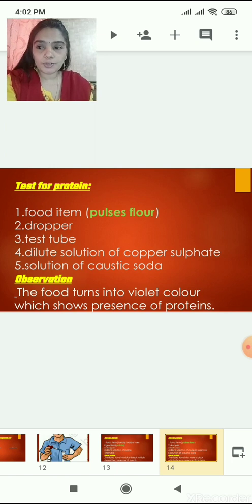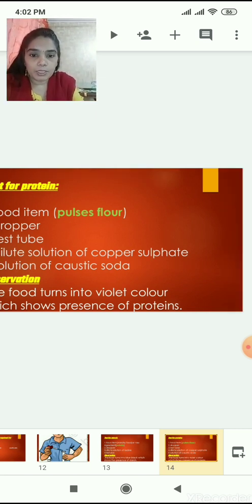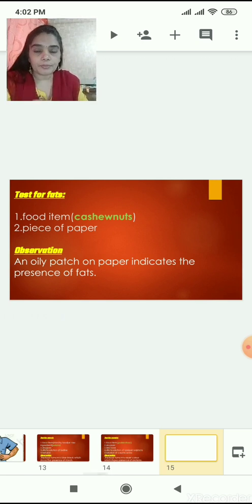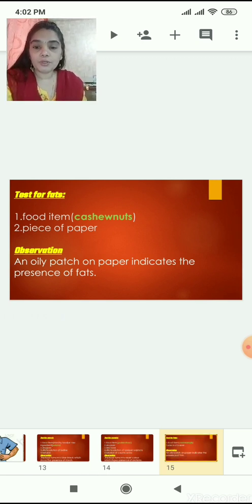So understood, children? What do these tests show? Are fats, proteins and starch present in all the food items that we have tested? Now in your book put question 3, test for fats.